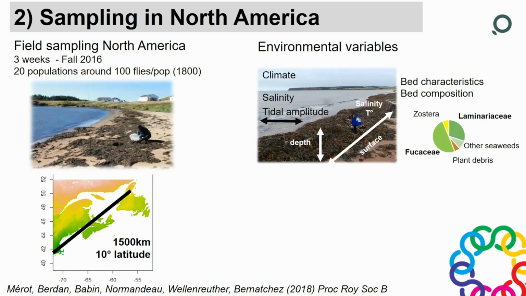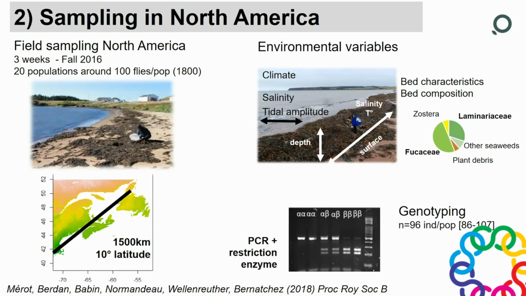These decomposing beds of seaweed are called wrack beds, and they differ in size and seaweed composition and temperature. So we measured all of these ecological parameters as well. Of course, we then used the SNP marker to look at inversion frequencies along this cline, how that relates to the environment, and how much parallelism we can find with Europe.